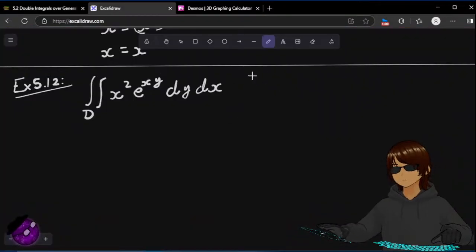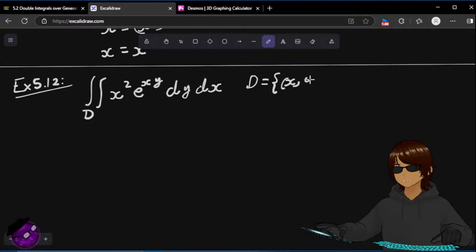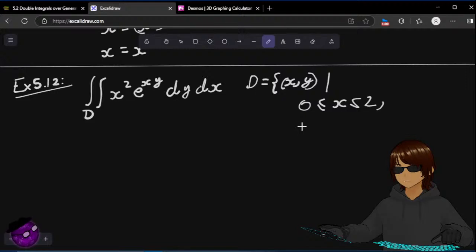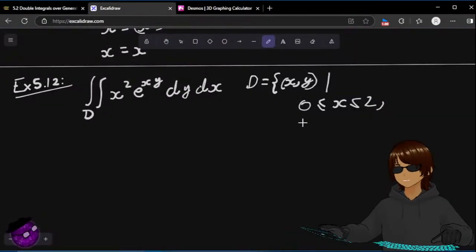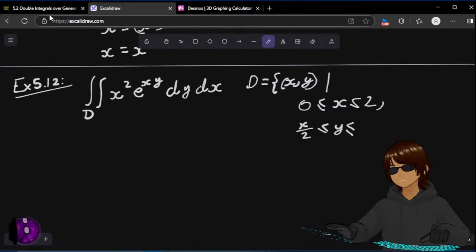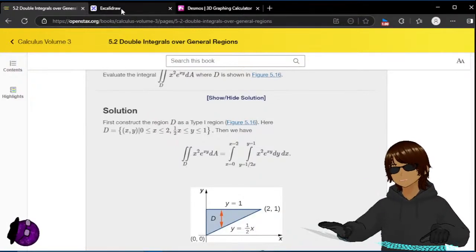So D is all the (x, y) where x is between 0 and 2, and y is above half x and below 1.